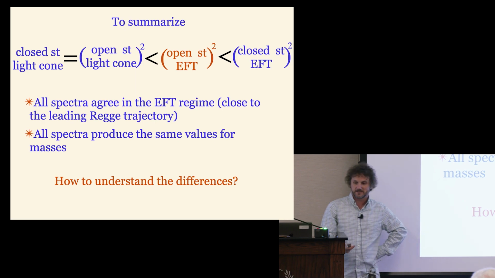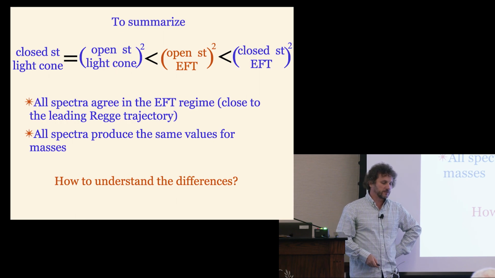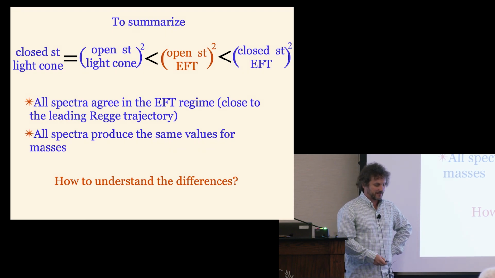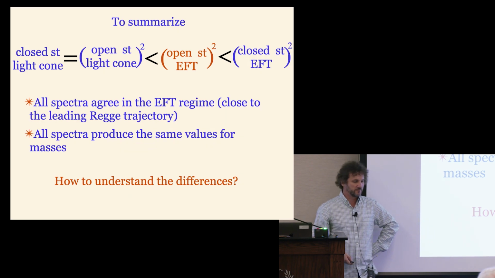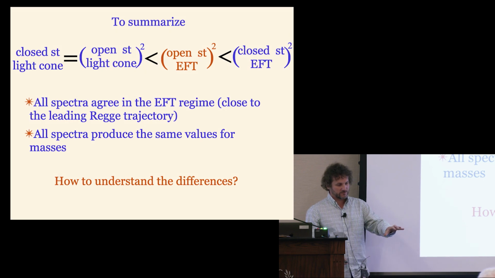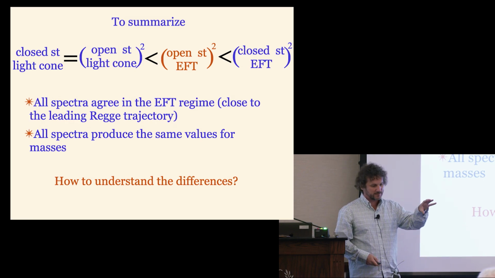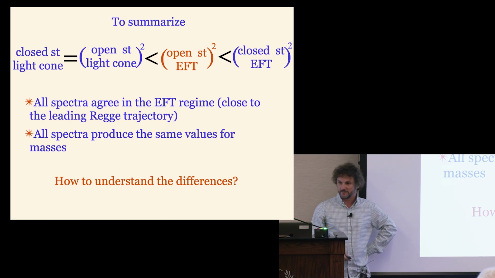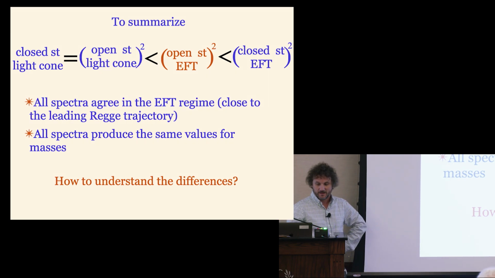Classical nonlinearities reproduce exactly the light cone spectrum, but it's technically not obvious at all. But anyway, the situation is there are 3 calculations which produce the same values of the masses, but they produce different multiplicities. And it was somewhat puzzling how to understand these differences.